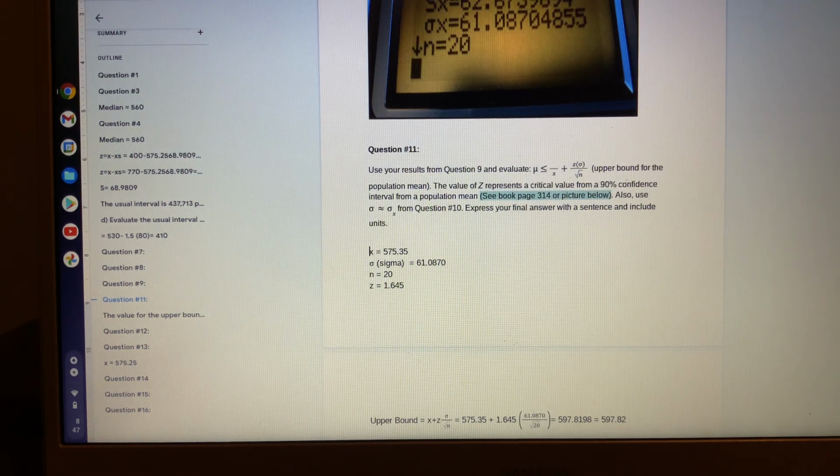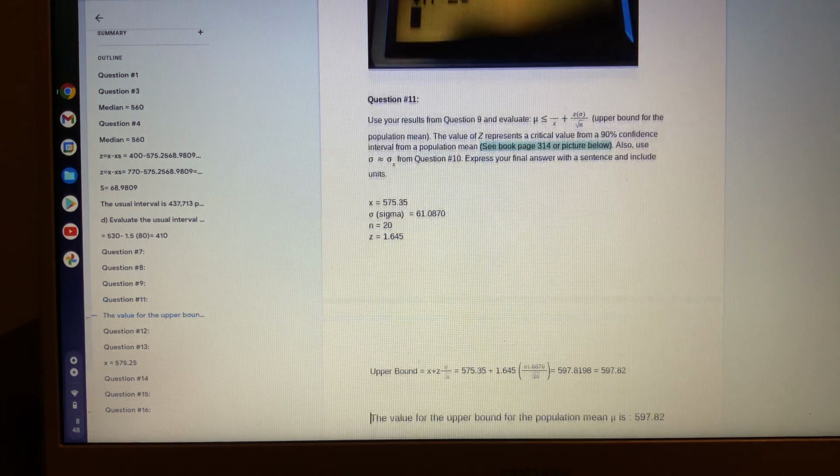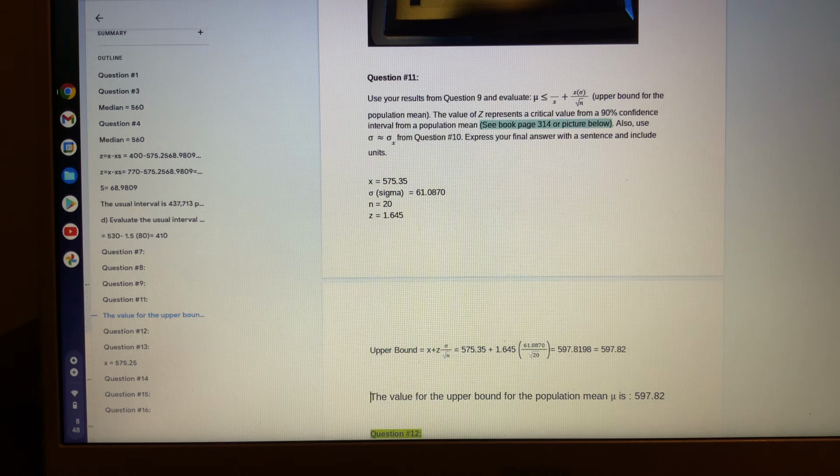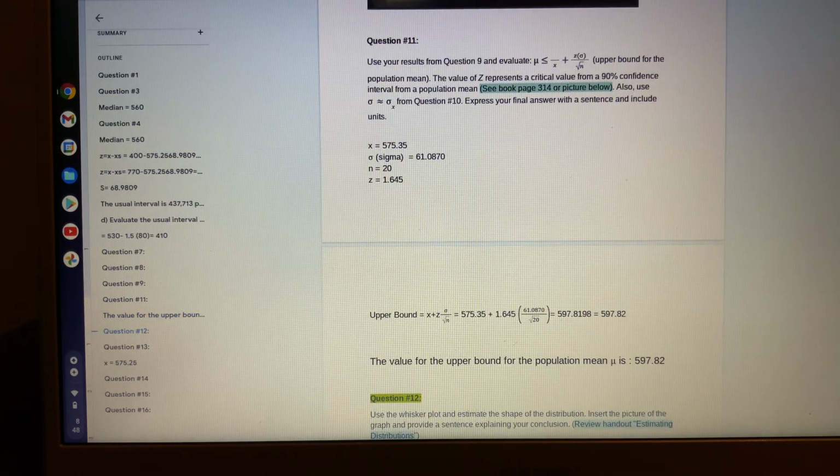As you can see, I provided my discoveries so that they can be properly inputted into the formula itself. Once I did the calculations, the value for the upper bound for the population mean is 597.82.